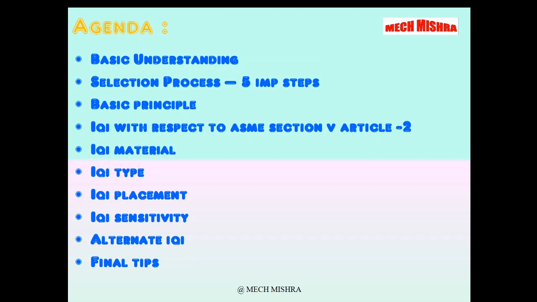Then basic principles, IQI with respect to ASME Section 5 Article 2. Then what is IQI material, IQI type, IQI placement, sensitivity, alternate, and final tips. For getting the final tips, you need to stay tuned till the end of this video, and you will get more idea about that.